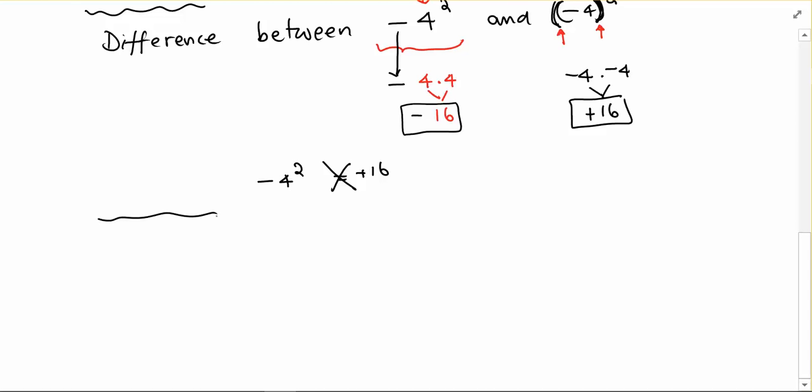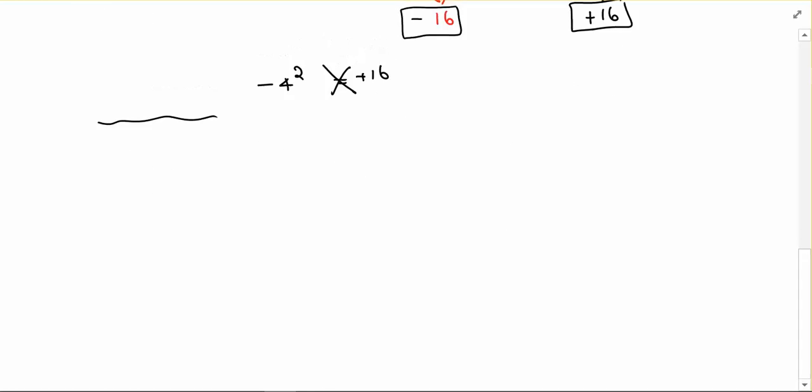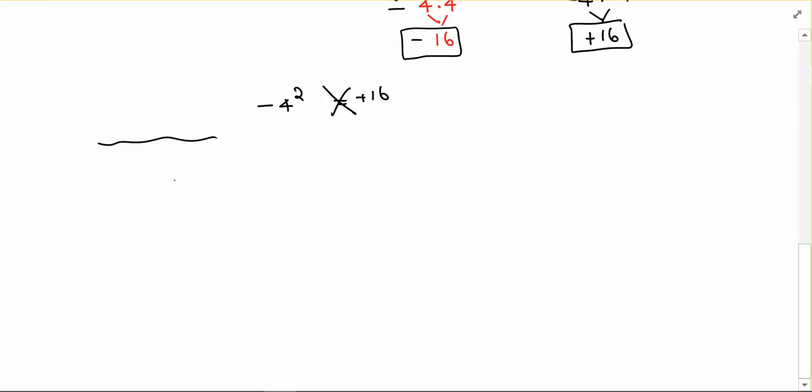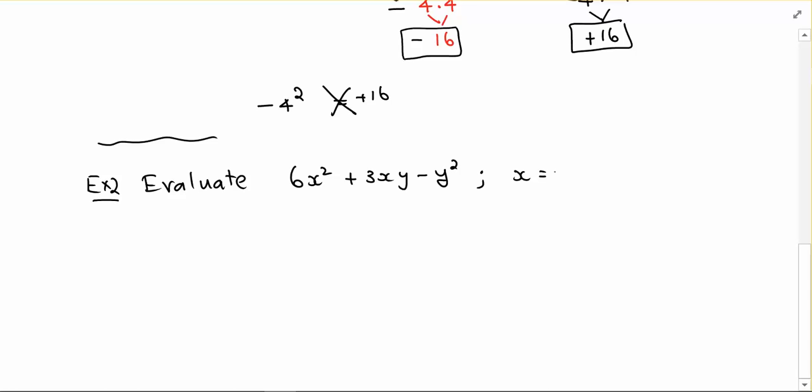Let's take a look at a second example of evaluate, example 2. We have the expression 6x squared plus 3xy minus y squared, and we have two variables this time, x equals minus 2 and y equals minus 3.